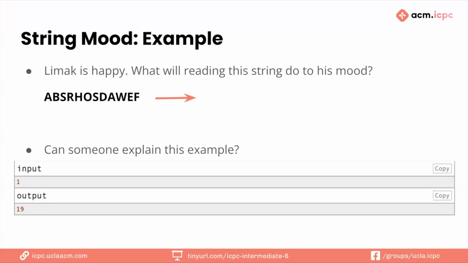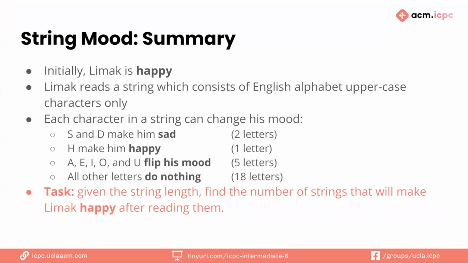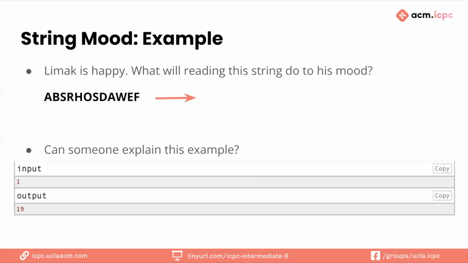Can someone tell me what reading this string will do to his mood? Will he be happy or sad after reading this string? Remember, S and D make him sad, H makes him happy, vowels flip his mood, and all other letters do nothing. Yes, he starts off happy.